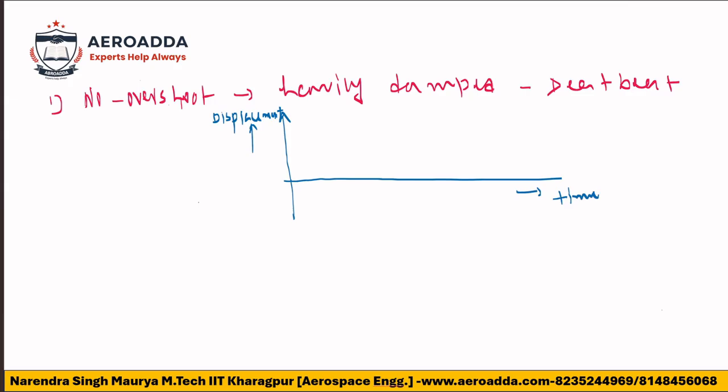So if it is no overshoot or deadbeat, the aircraft will respond after the disturbance something like this. You see the graph, check. Immediately it comes to its initial condition without any oscillation, and it is heavily damped. Heavily damped means immediately it comes to its origin. It will not take time.